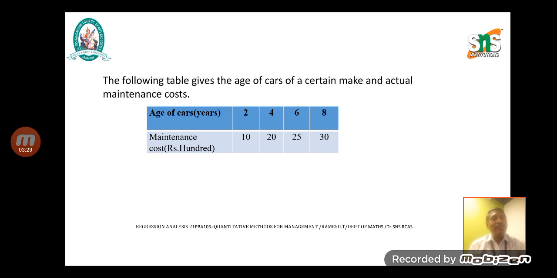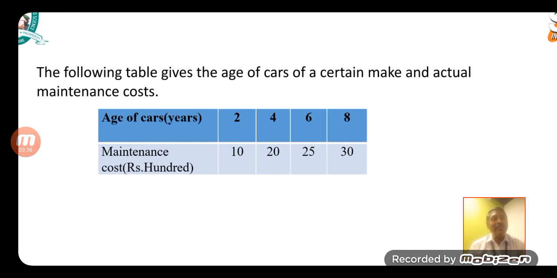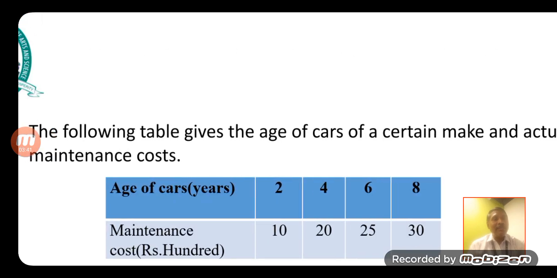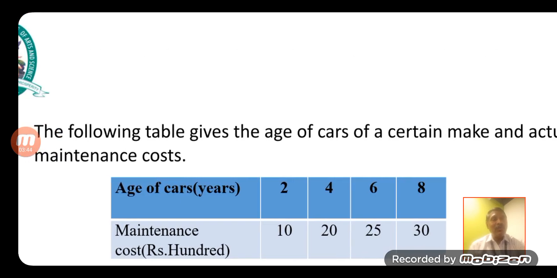Now consider a small problem. The following table gives the age of cars of a certain make and the actual maintenance cost. The age of cars in years is 2, 4, 6, 8, and the maintenance cost for the 2 year cars is 110, for the 4 year cars is 20, for the 6 year cars is 2500, and for the 8 year cars is 3000.